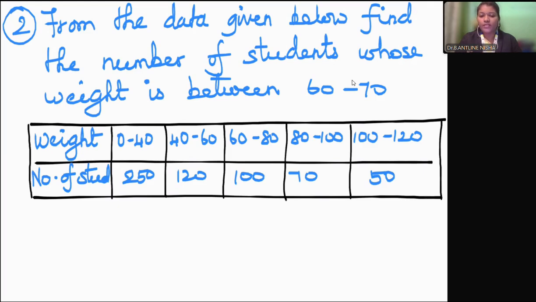And the number of students given in the second row are 250, 120, 100, 70 and 50. Here, we have to apply Newton forward interpolation formula to find y when x lies between 60 to 70. Let us see the solution part.